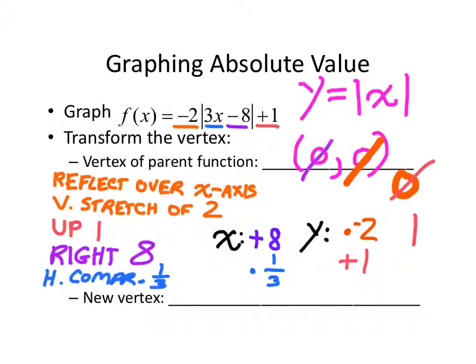So first I add 8, and then after that I multiply it by 1/3 to get 8/3. So, after our transformations, we find that our vertex is (8/3, 1).